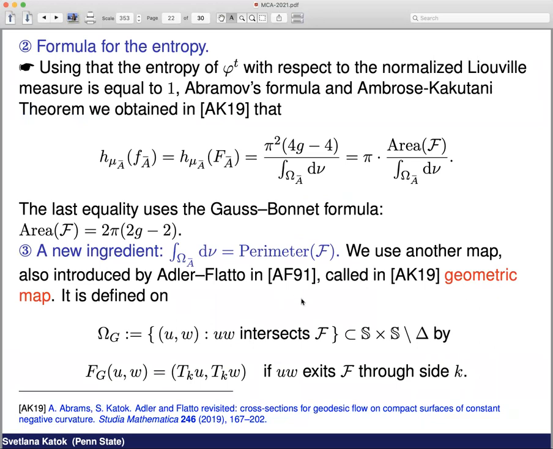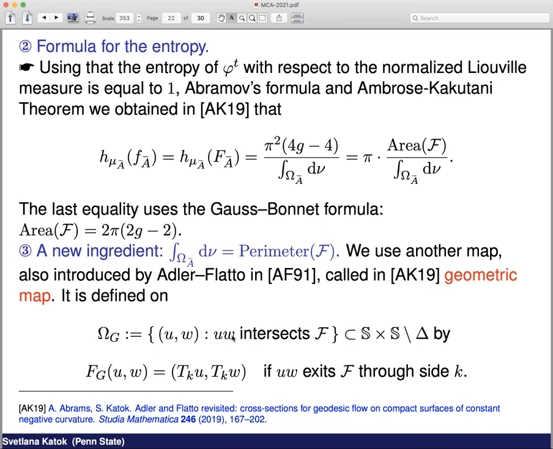In addition to this F_A, which is the natural extension map, there is also a geometric map which was considered by Adler and Flato. In the geometric map, you just look at the geodesic and see what side of the fundamental domain it crosses, and you code it according to that.